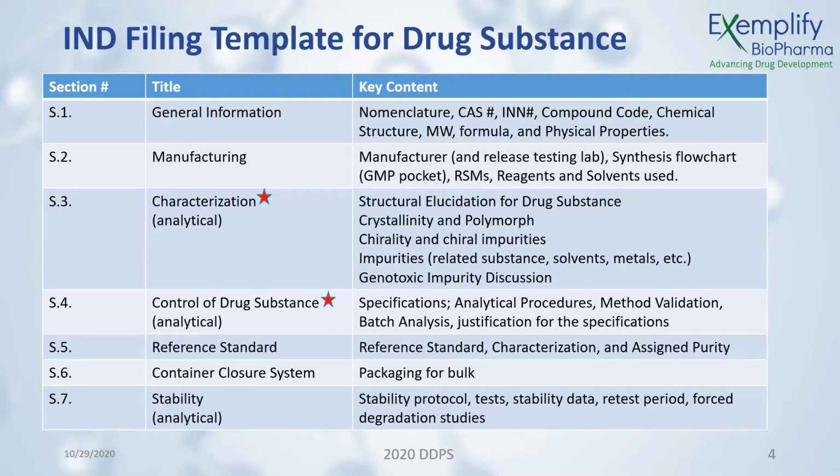The first one is general information, including the nomenclature, class number, INN number, your compound code, chemical structure, molecular weight, and the basic properties, including pKa information, log D, log P, solubility, and so on.